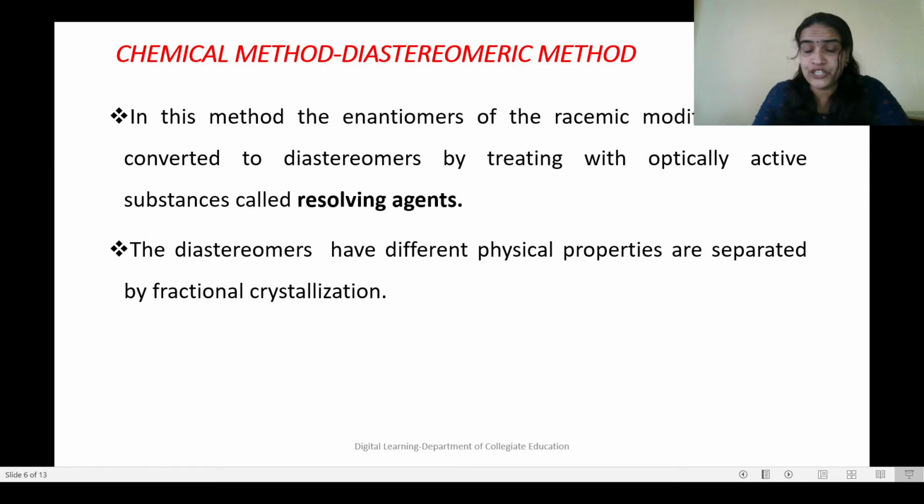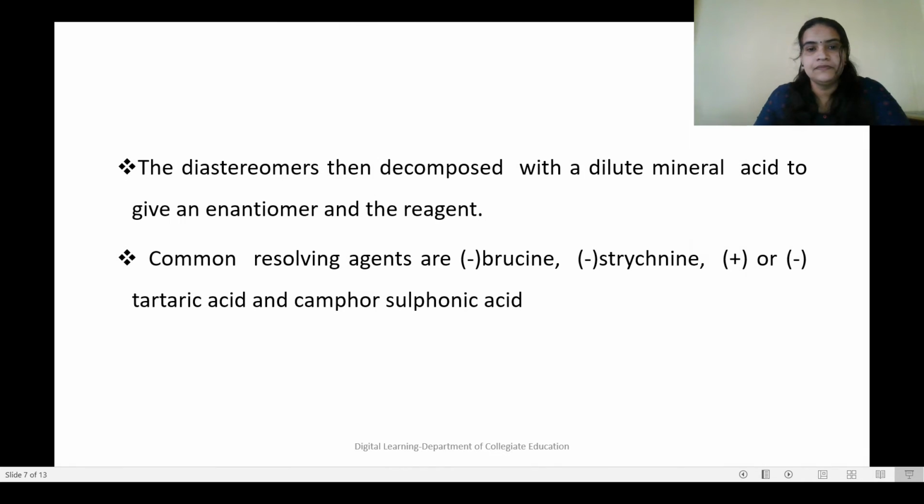You know, enantiomers, because they are having the same physical property, it is very difficult to separate them, whereas diastereomers are having different physical properties. So once we convert the enantiomers or the racemic mixture into diastereomers, we can easily separate them by fractional crystallization, as they will be having different physical properties.